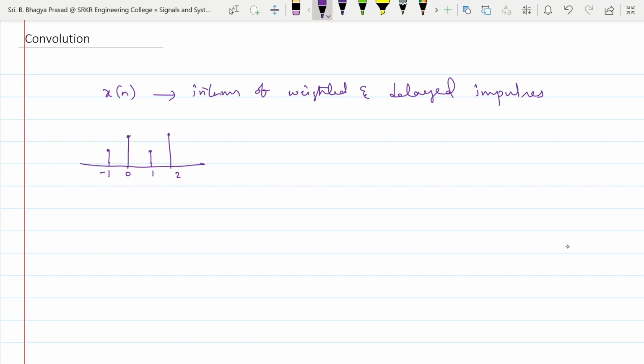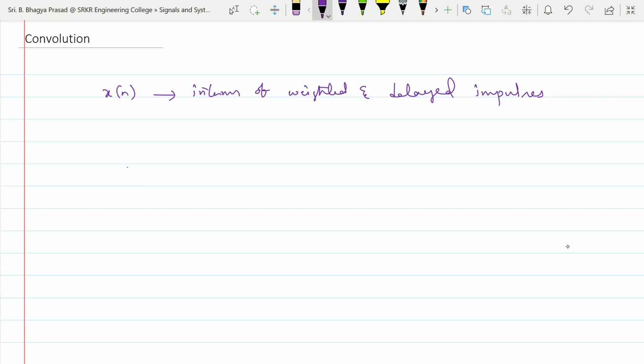So these are impulses located at minus 1, 0, 1, 2 and so on, individual impulses. This impulse you can write with the help of del n, this impulse with del n minus 1, this impulse with del n minus 2, and this one with del n plus 1. So let us represent a sequence x of n with the help of impulses.